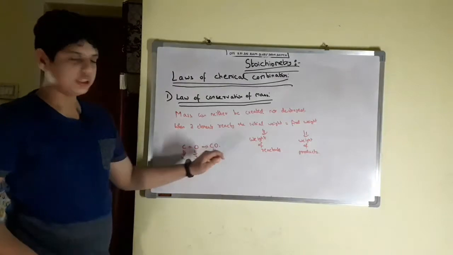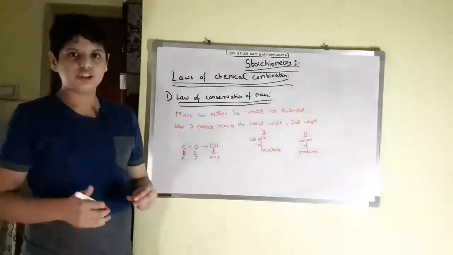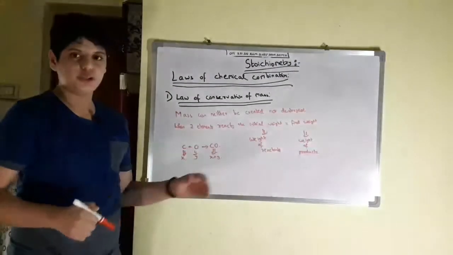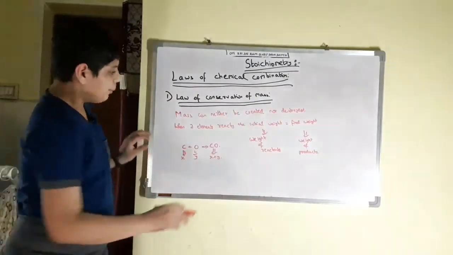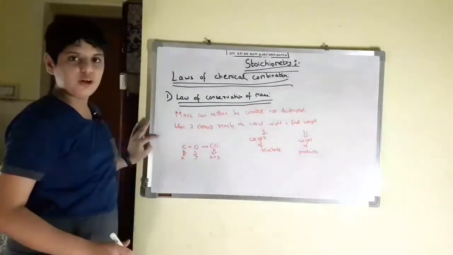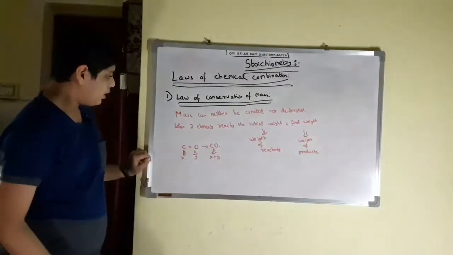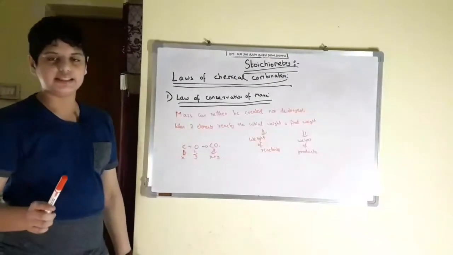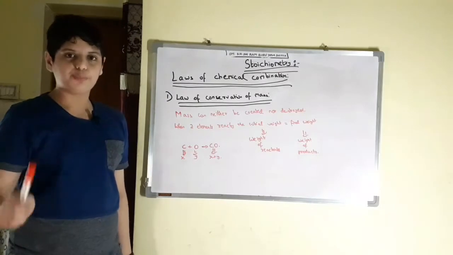In some reactions, hydrogen or CO2 will liberate out of the reaction, but after the reaction the liberated CO2 mass also we should count. The total mass of initial reactants is equal to the total mass of products.